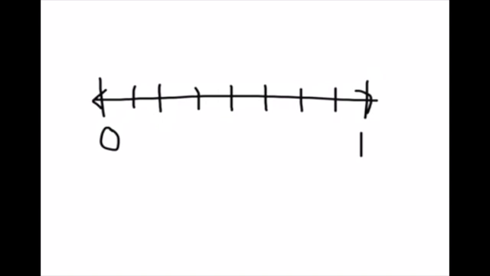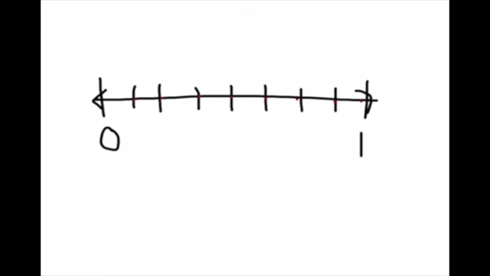So what's my big question? I need to figure out what the denominator is for each tick mark that I have on my number line. So I have to ask myself, how many tick marks total are there on this number line? And which tick mark do I not count? 0, that's right. So how many total do I have? Well, I have 1, 2, 3, 4, 5, 6, 7, 8 of them.